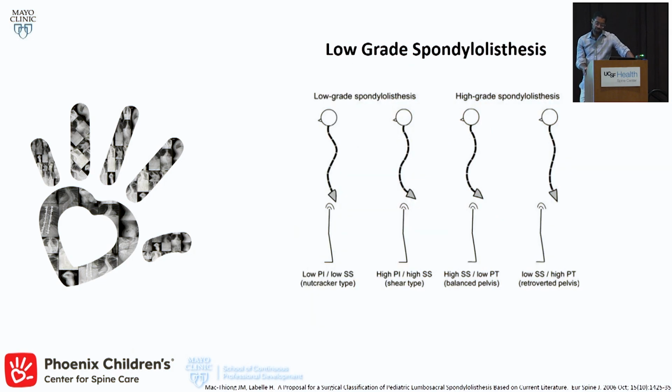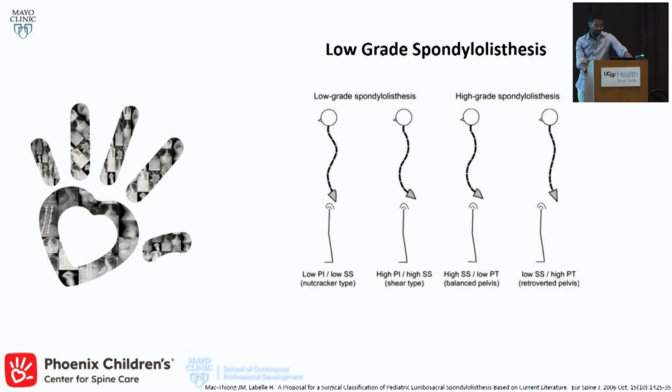So for the individuals who had a low-grade slip, in looking at the pelvic parameters, the low PI and the low sacral slope, it was initially described as a nutcracker type phenomenon, where individuals over time would hyperextend and potentially develop a lysis within the pars itself. For the individual with the high PI and the high sacral slope, the downward forces created more of a shear type phenomenon.